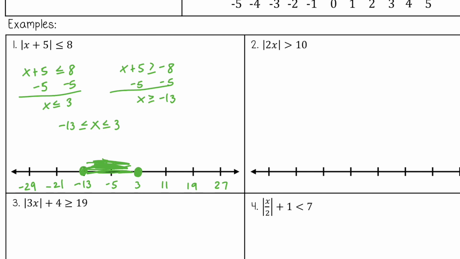All right, the next one. Step 1 is to isolate the absolute value expression. It's already isolated, so I can write the inequality twice, flipping that sign and flipping the inequality symbol. Divide by 2. So x is greater than 5, and x is less than negative 5. So I'm just going to count by 5s here.